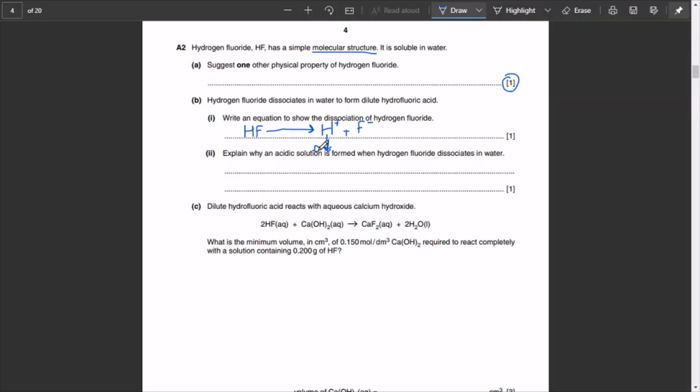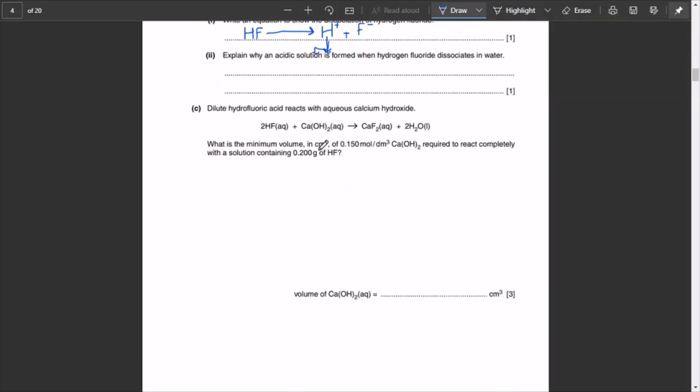Moving on to part C, dilute hydrofluoric acid reacts with aqueous calcium hydroxide. What is the minimum volume in centimeter cube of 0.15 mole per dm cube Ca(OH)2 required to react completely with a solution containing 0.2 gram of hydrogen fluoride? We're supposed to find volume over here.